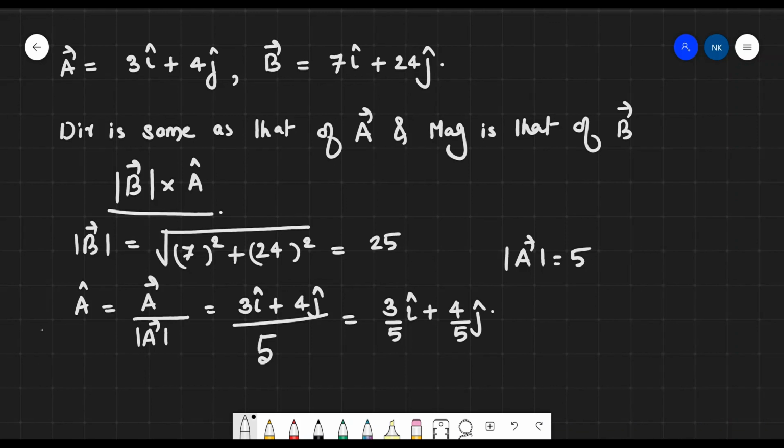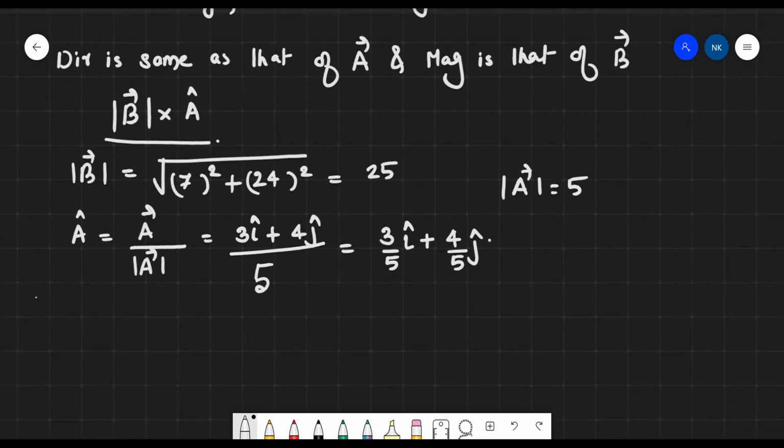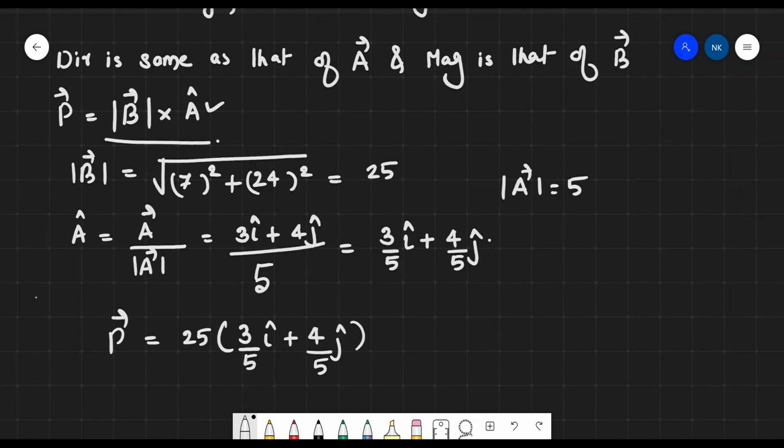Now we need to get that vector whose magnitude is same as that of b vector and direction is same as that of a vector, है ना? So उसको p vector बोल देते हैं. So p vector का वैल्यू क्या होगा? p vector equals to b का magnitude कितना था? 25. 25 times 3 by 5 i cap plus 4 by 5 j cap.